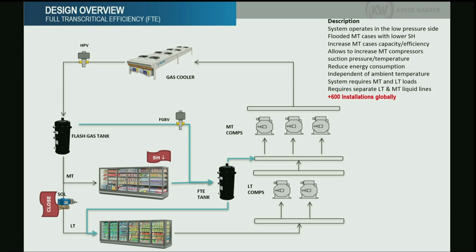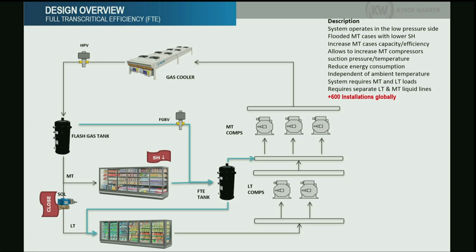But what happens is, if you have superheat at your display case, you are using part of the coil to create that superheat instead of using all the coil to produce cooling for the product. There is a calculation that says about 80% of the coil is used for cooling, and about 20% of that coil is being used for superheat.